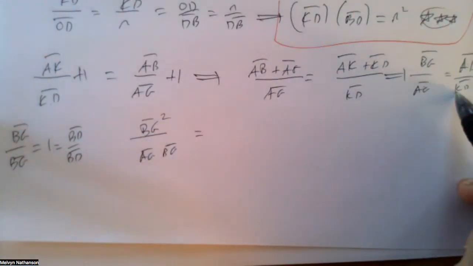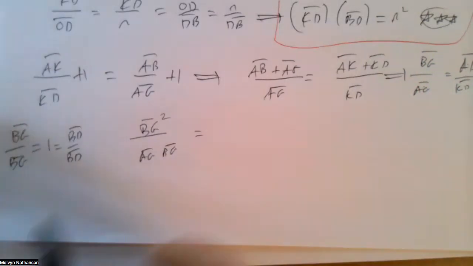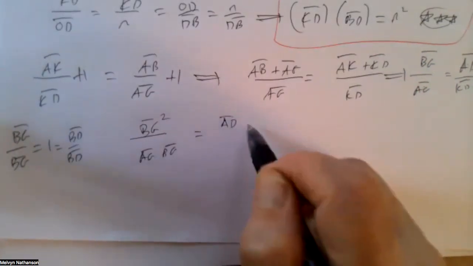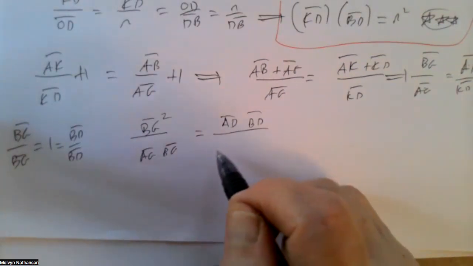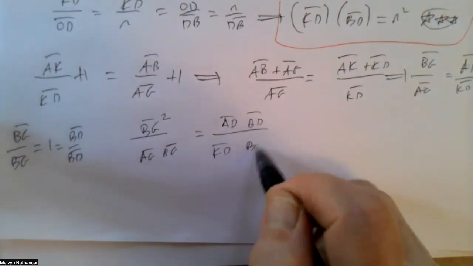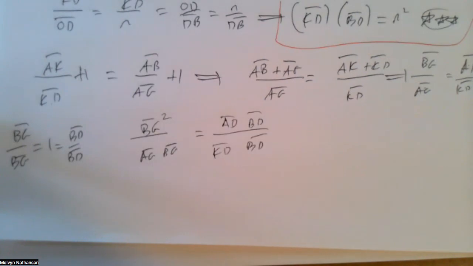If I multiply this top and bottom by BD, I get AD times BD over KD times BD.